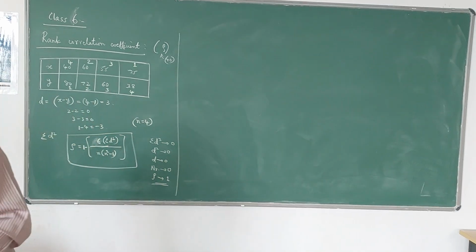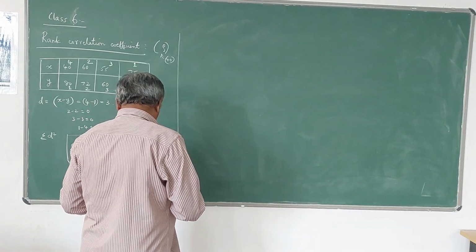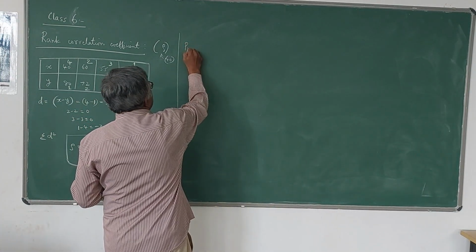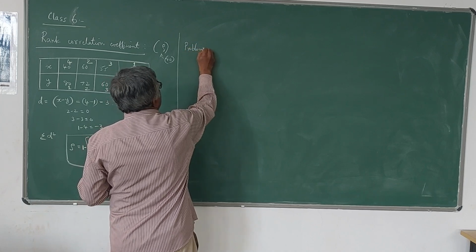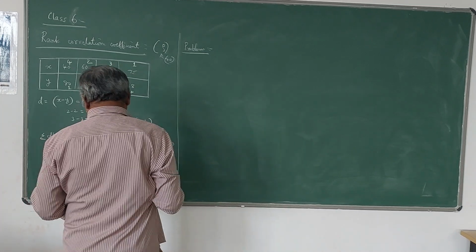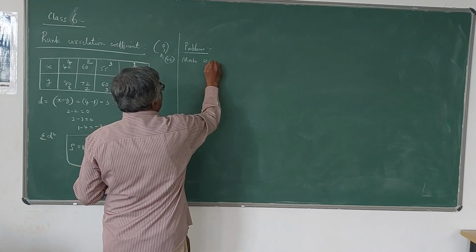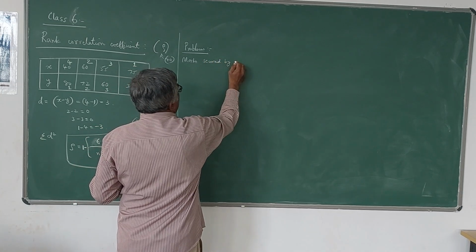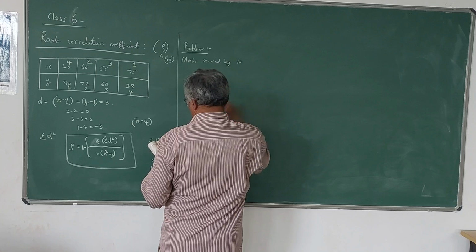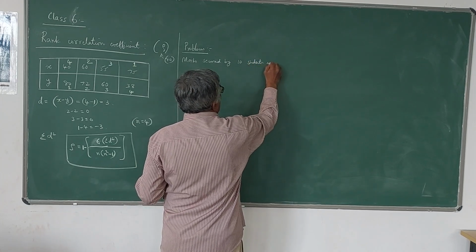Now let us take up a problem of finding the rank correlation coefficient for a set of data. In this problem, the marks secured by 10 students in 2 subjects are given.